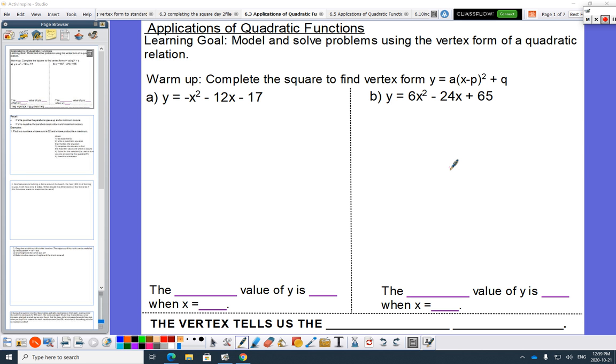They're probably not going to be an a value of 1, okay? So even this one here with the negative, you still have to divide by -1. Even that counts as an a value that's not 1.